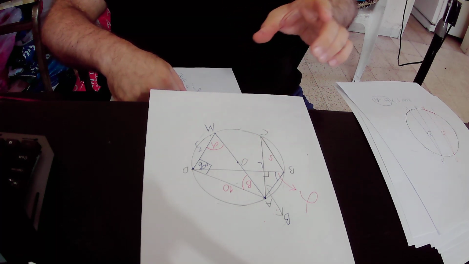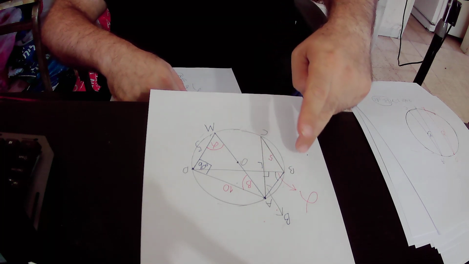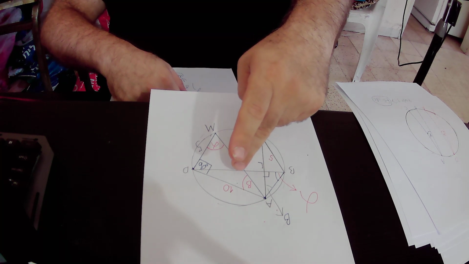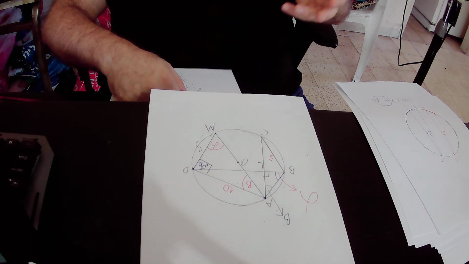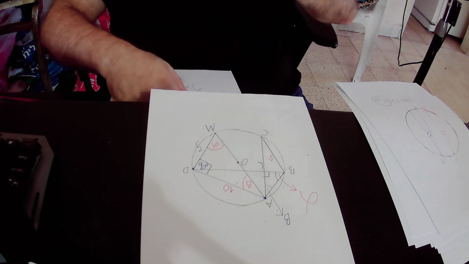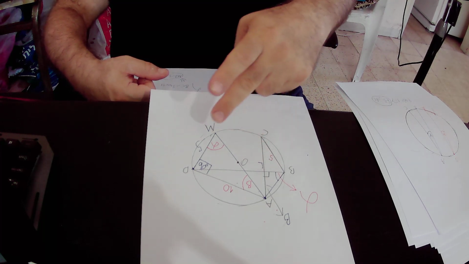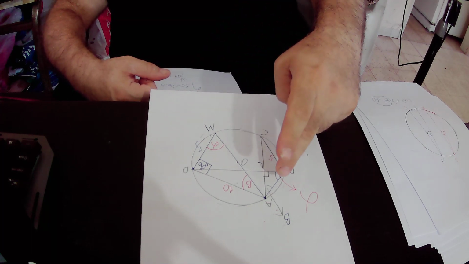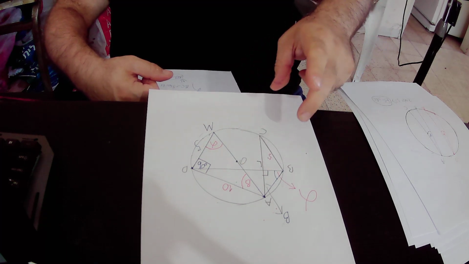Equal peripheral angles rest on equal chords. This angle rests on chord BC, and this same angle beta rests on chord MD. For that reason, BC equals MD, because equal angles rest on equal chords. That is to say, BC equals MD because this angle is beta and this angle is also beta, so they both rest on equal chords.